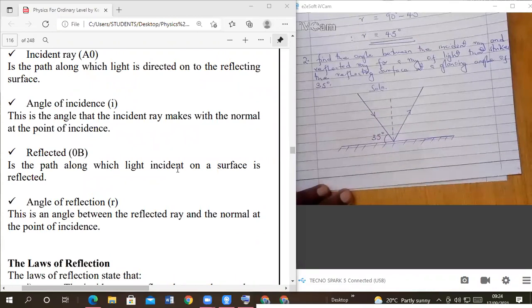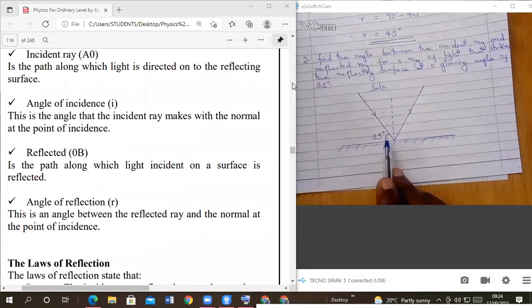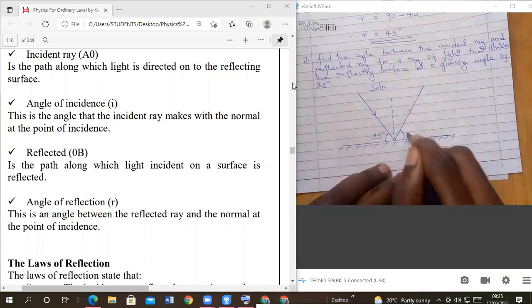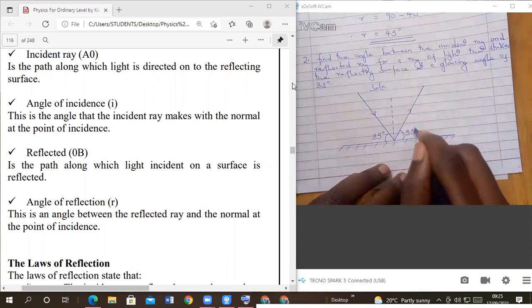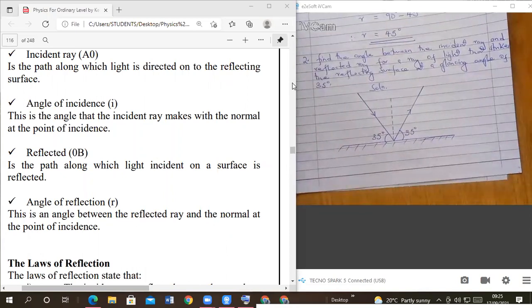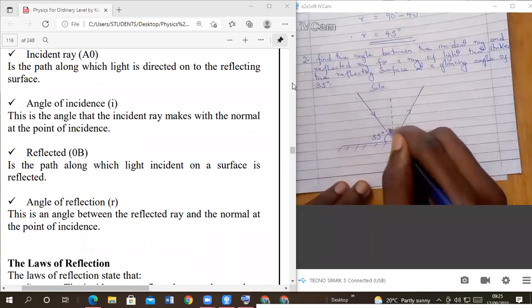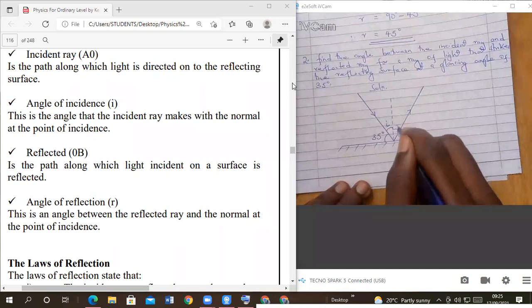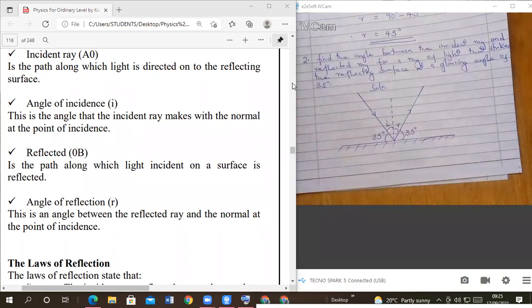The angle is 35 degrees, so this angle is also 35. We know this angle is called the angle of incidence, and this angle is the angle of reflection.